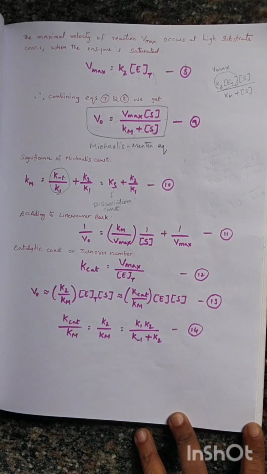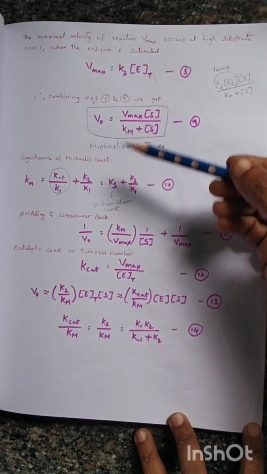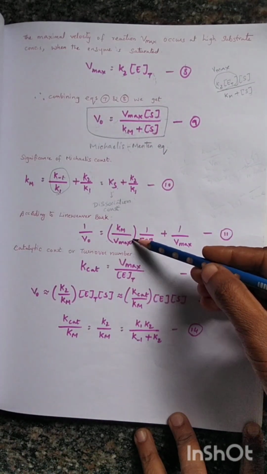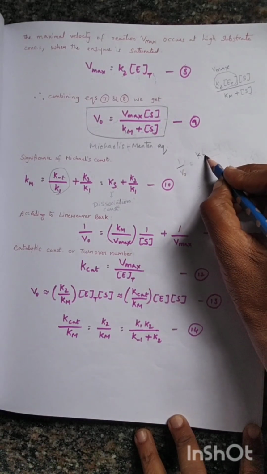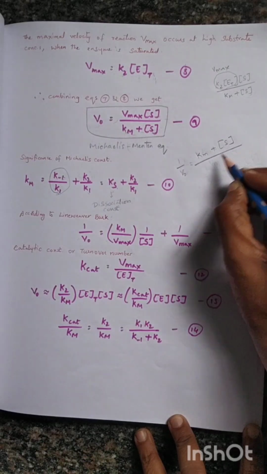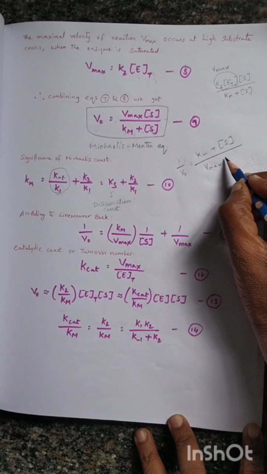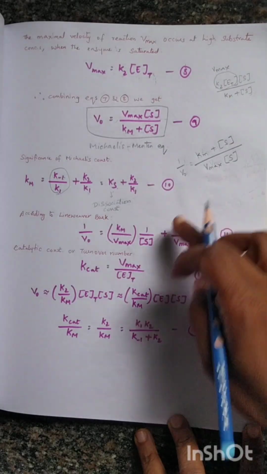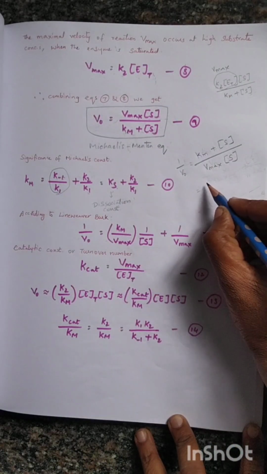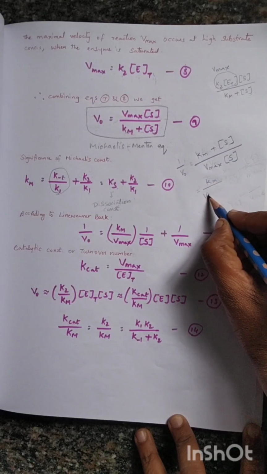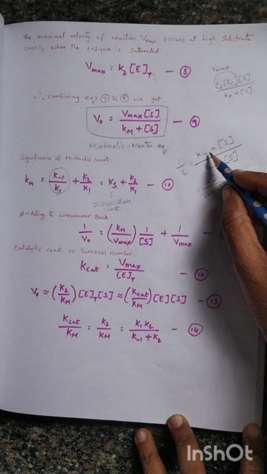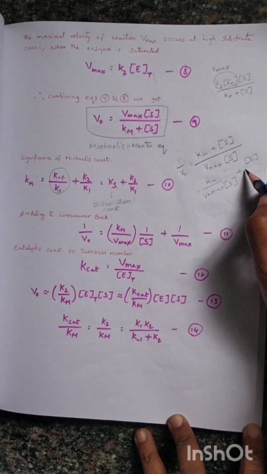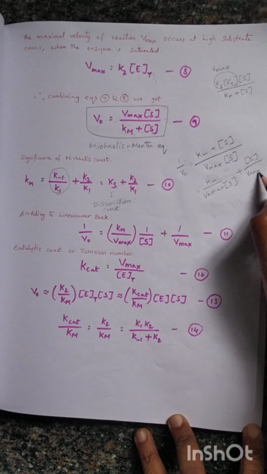Coming to the Lineweaver-Burk plot, this expression is reciprocal. 1 by V0 is equal to Km plus concentration of S, whole divided by Vmax into concentration of S. If we solve it, we get Km by Vmax into concentration of S, plus concentration of substrate divided by Vmax into concentration of substrate.